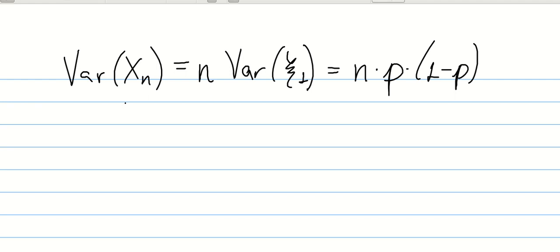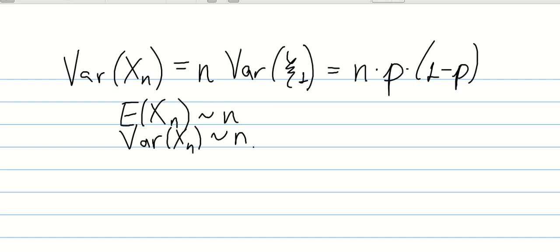So since the expectation of xn is of order n, and the variance is also of order n, we already know that xn is going to be its expectation. So this is in very informal terms, right?